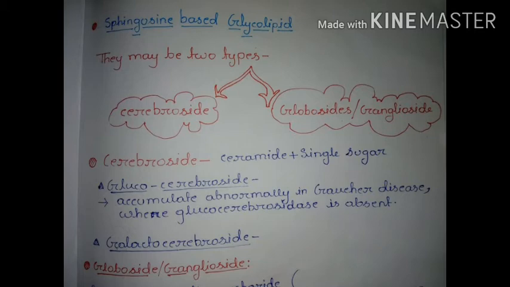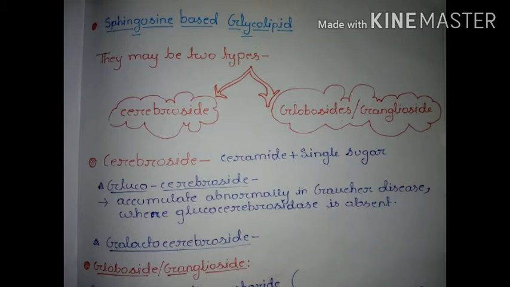Now what is Gaucher disease? A very severe disease, and it has no cure. There are some treatment options for Gaucher disease. We can divide Gaucher disease like cancer, stage 1, stage 2 and stage 3.